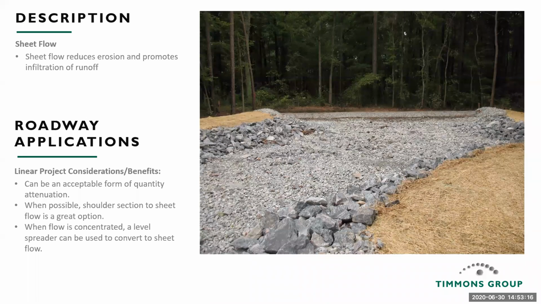For level spreaders without filter strips, provide the 1-inch storm calculation and weir calculations using the 2 and 10-year storms, and I'll show how long the level spreader needs to be for 1 inch, 2 inch, and 3 inches of flow depth over the lip for 2 and 10, and then just use engineering judgment to choose a level spreader length.